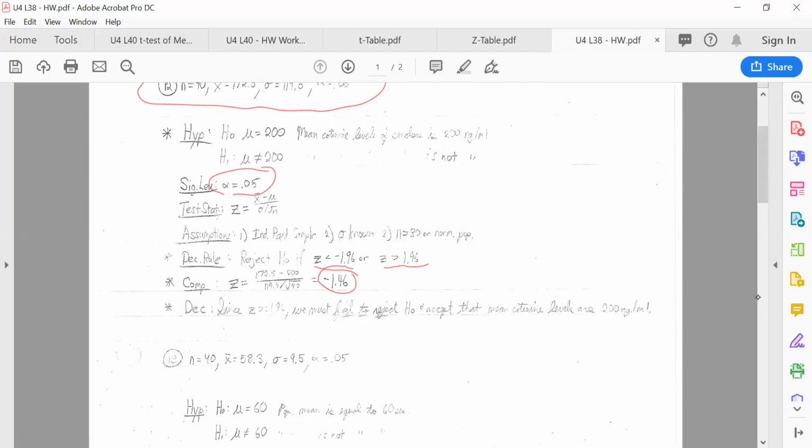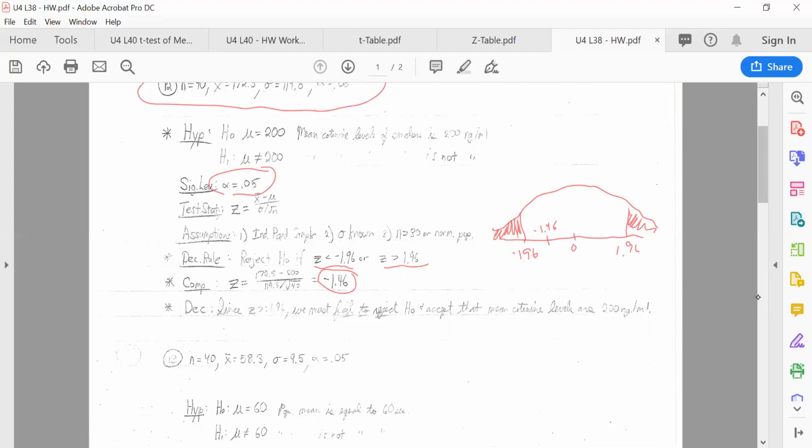This is why drawing a picture might be a good idea, because then you could visually see where things are going. So we're only rejecting if we get less than negative 1.96, or greater than positive 1.96. We got negative 1.46, which is right here. And there's 0 just for reference.